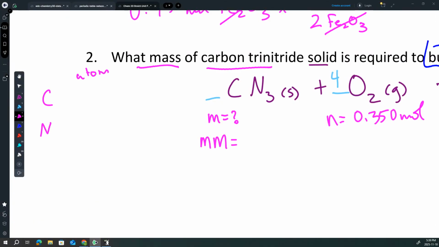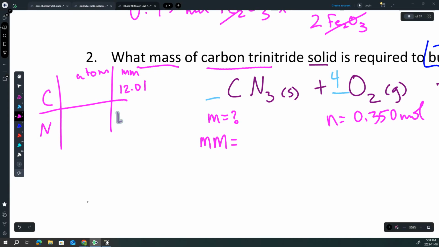And you're going to want to break it up into each element, how many atoms of each element you have, and the molar mass of each of those elements. So we just said, okay, carbon's 12.01 and nitrogen is 14.01. We have 1 atom of carbon because there's not a subscript number, so there's an invisible 1.